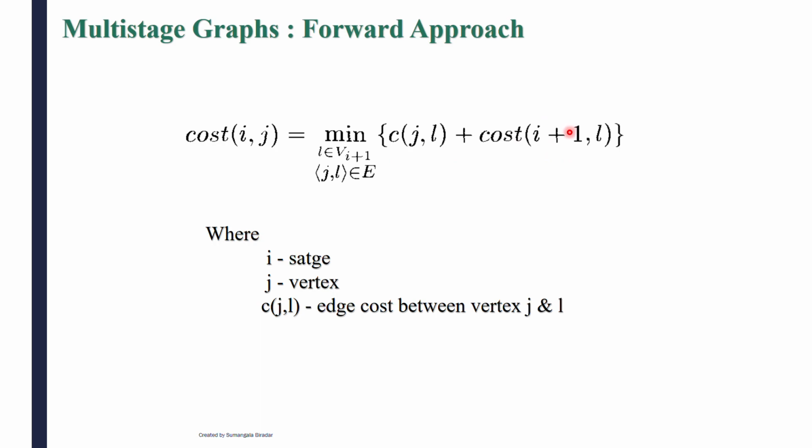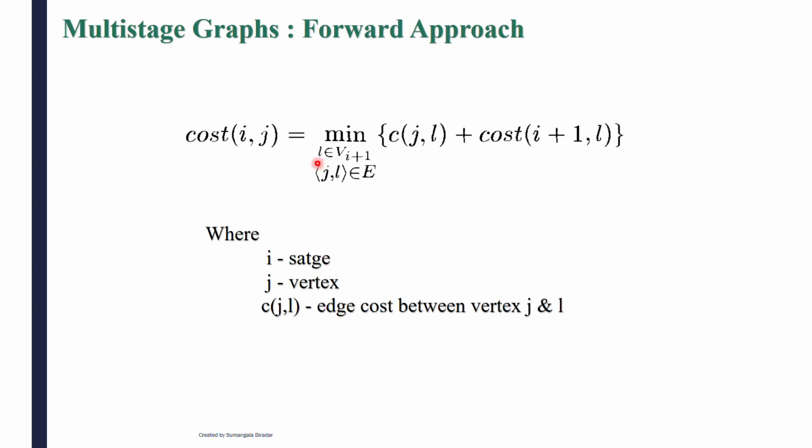So in the next stage, whatever result you have, you take that result here: cost of I plus 1 comma L. You already have the value of the next stage stored in the table, and that table is what you call cost of I plus 1 comma L. With the help of that you calculate this value.